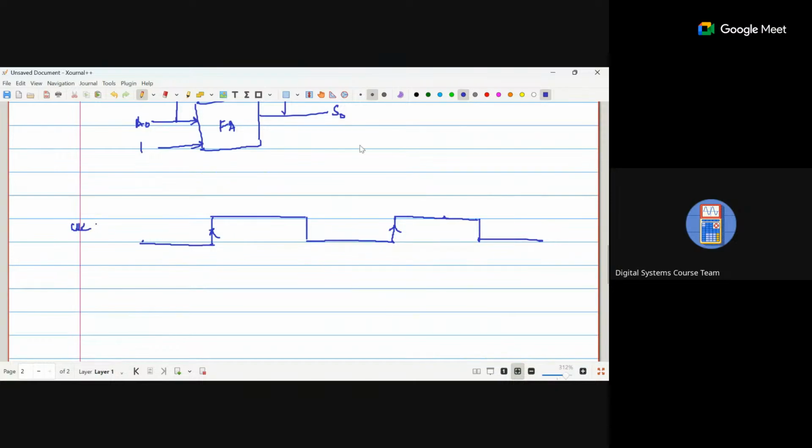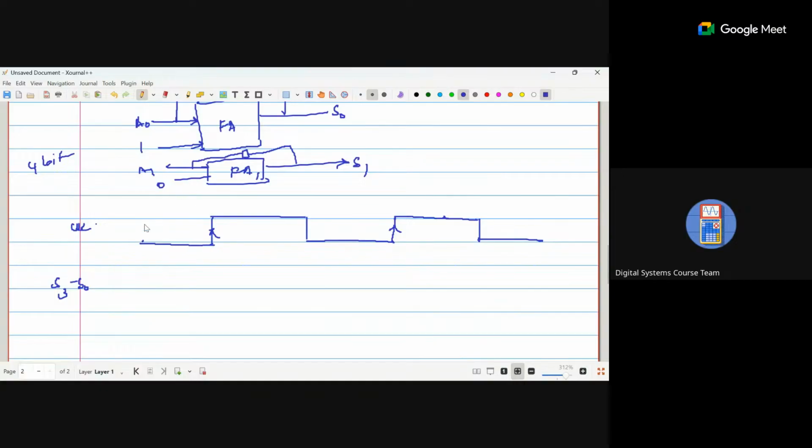And let's say this is S0. Let's say you have all 4 bits, so it's a 4-bit adder, same thing. So you will have another full adder FA1, which will have A1, and it will get added to 0 because we're adding 1. And then here we give S1, and again the same delay, the flip flop is here.